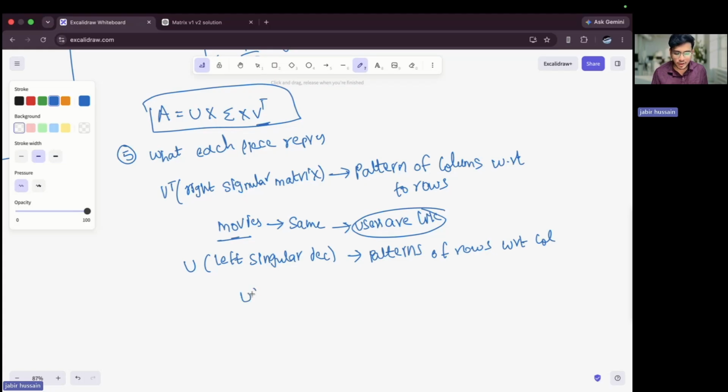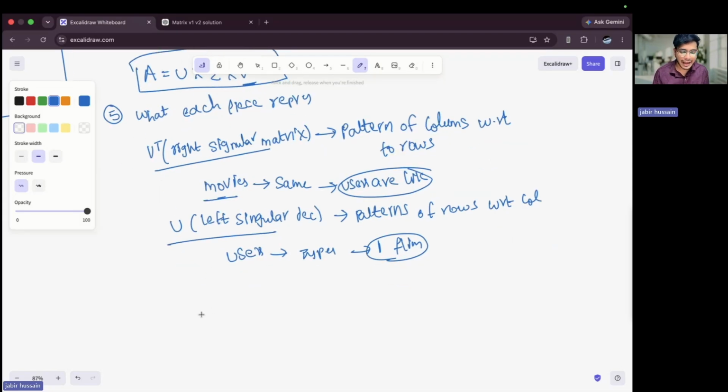So here we talk about users, like what are the types of users who are liking one particular film, or one category of film, sci-fi, romantic, whatever. So V tells you about columns, U tells you about rows, and sigma tells the weightage of each group. Okay, so this is about it.